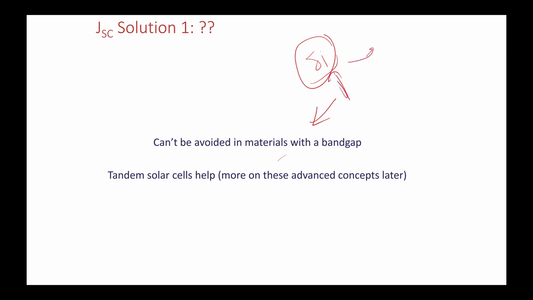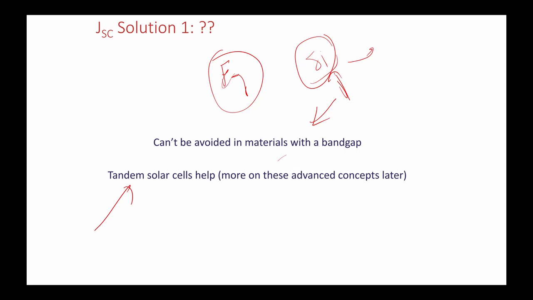The only thing we can do is get a stack of different materials with different band gaps, which we can call tandem solar cells.